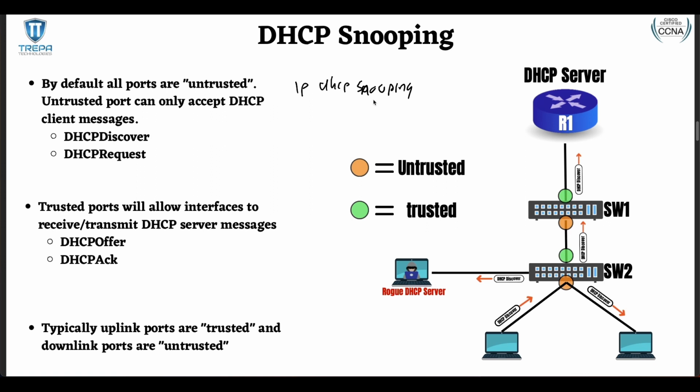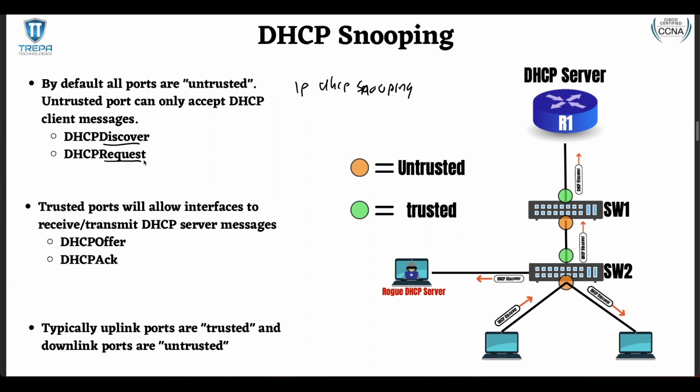What we mean by that is untrusted ports can only accept DHCP client messages. So they can only accept the discover and the request message, and then of course a decline client message, which we'll get into later. The untrusted ports should only be accepting DHCP messages from clients that are doing discover and request.